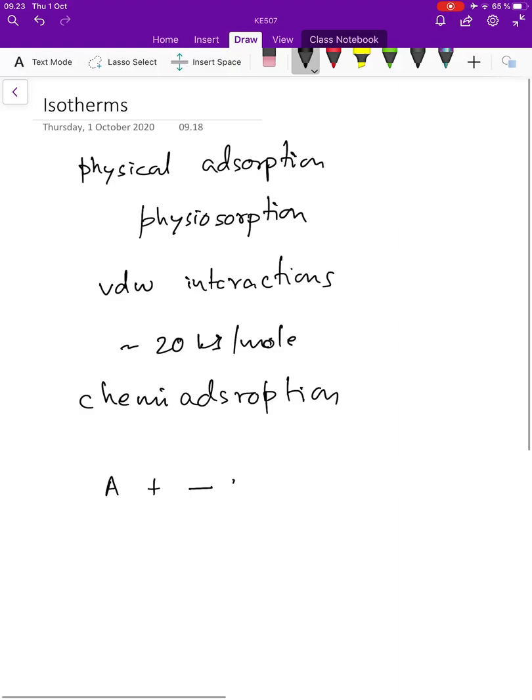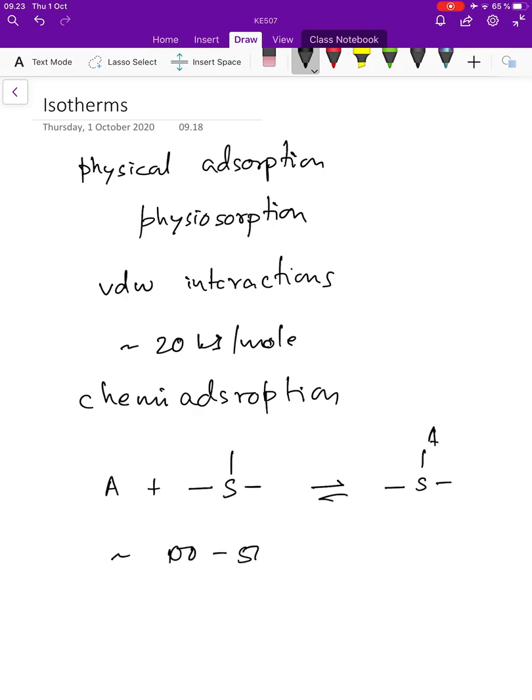So you might have an adsorbent A, and this might react with this surface to form something like this. Since this is a covalent reaction, the amount of heat released is almost an order of magnitude higher. It is about 100 to 500 kilojoules per mole.